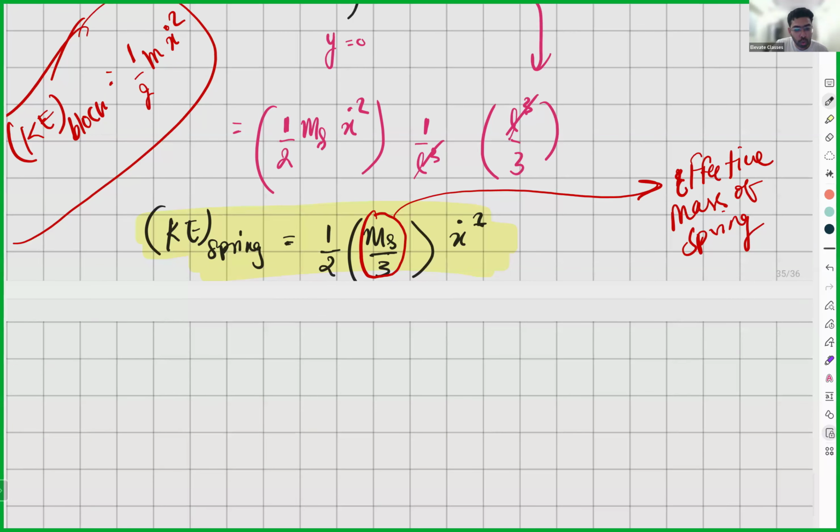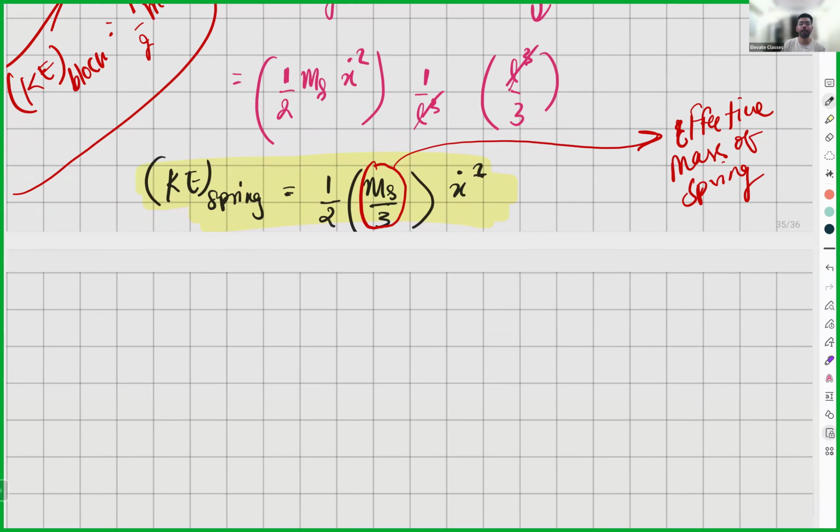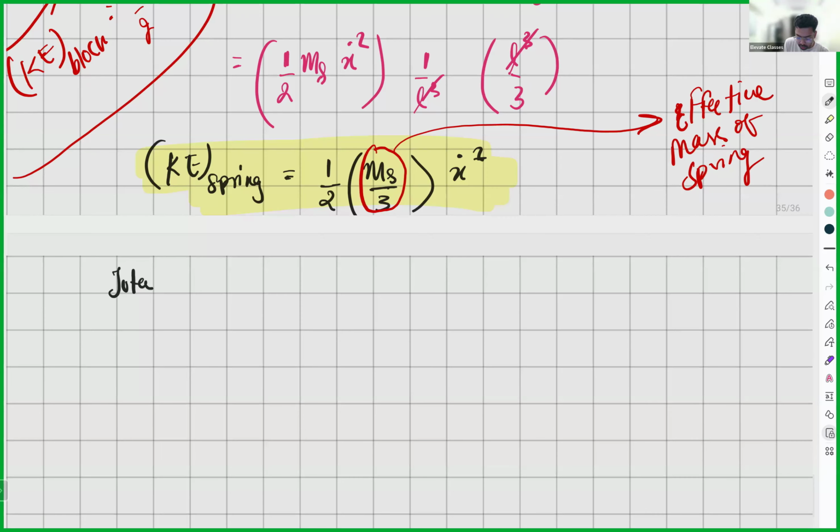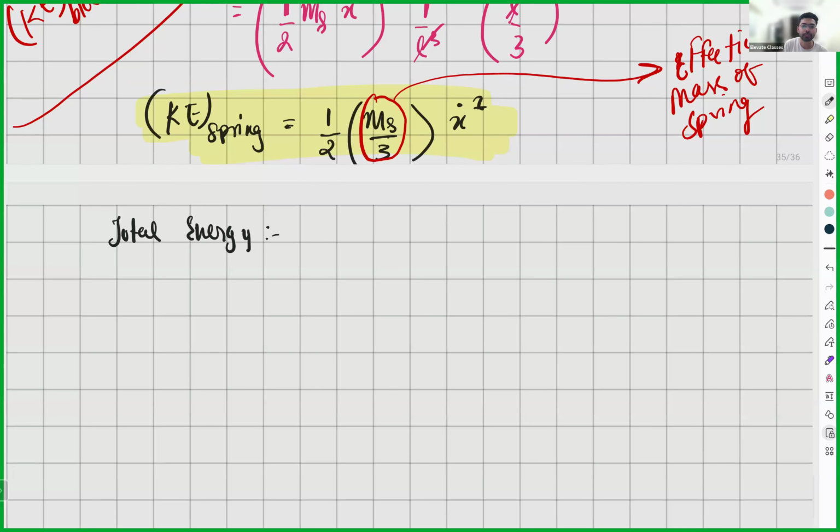So now I can write the total energy of the system. This will be the kinetic energy of the system, that is half m x dot square, plus half kx squared, the potential energy, plus half ms by 3 x dot square.